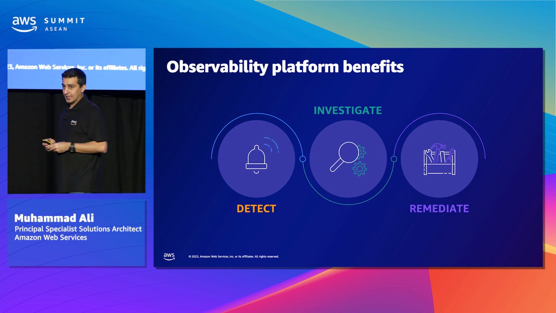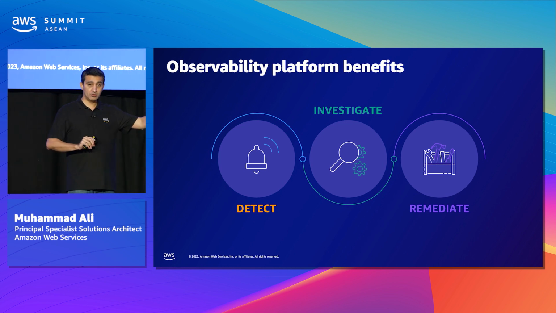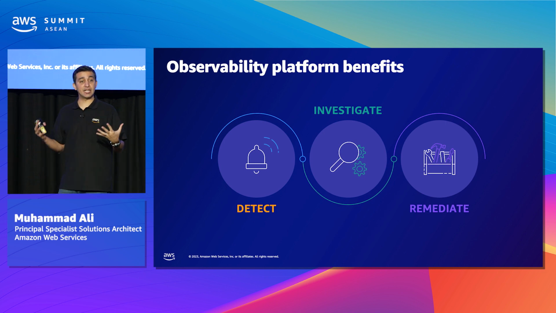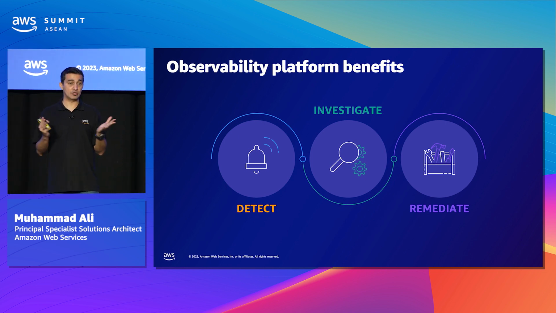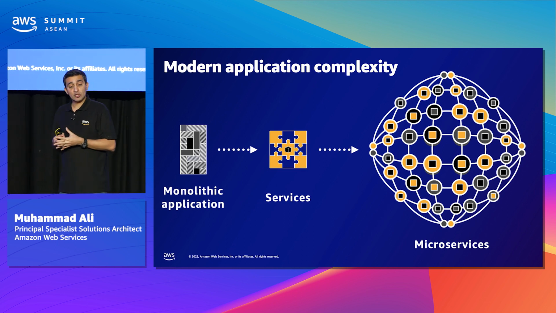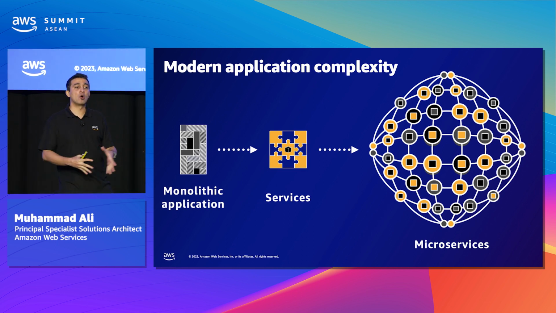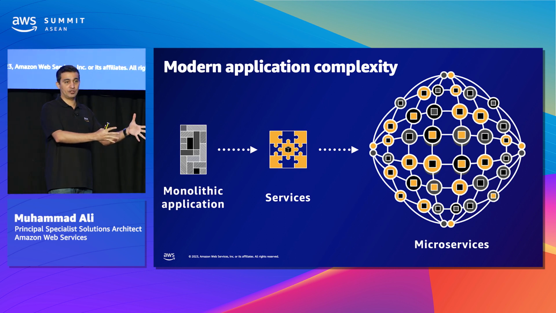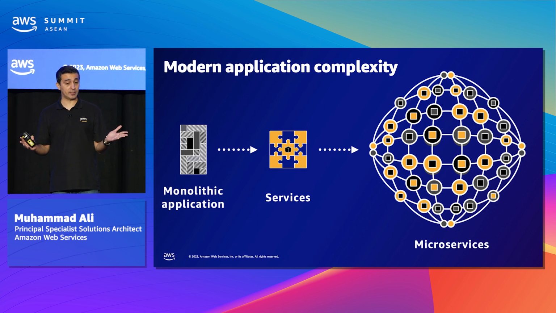Now, as I said, essentially, your workflow of detection, investigation, and remediation is optimized, and the time you spend is shrunk when you have an observability system in place. Now, the importance of observability is magnified when you move from a monolithic traditional architecture to a service-oriented or microservice-oriented architecture.